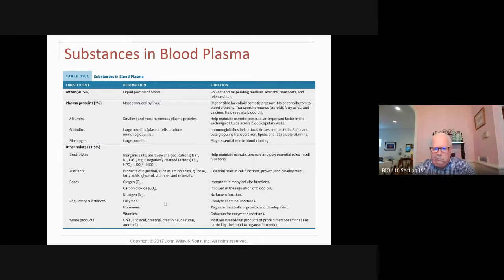And then there are waste products: urea, uric acid, creatine, creatinine, bilirubin, and ammonia. These are all products of protein metabolism. So know the waste products also.